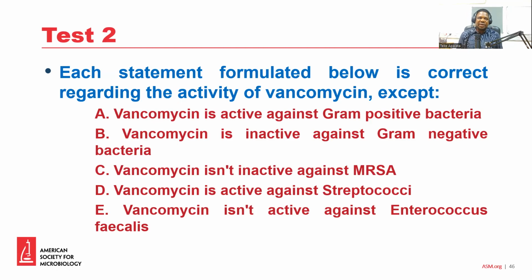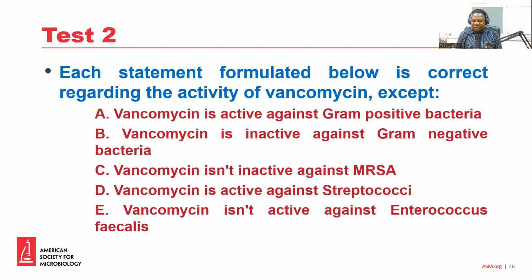You have 30 seconds, pause your video and come back. Let's go through the statements one by one. The first one, vancomycin is active against gram-positive bacteria. That is correct.